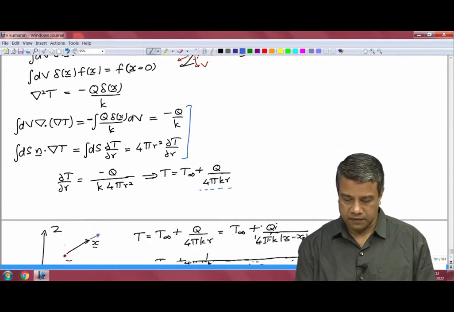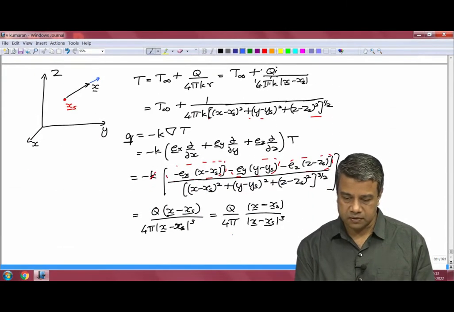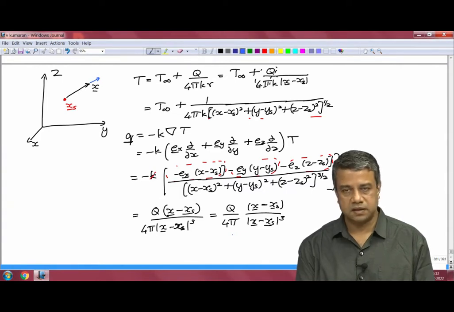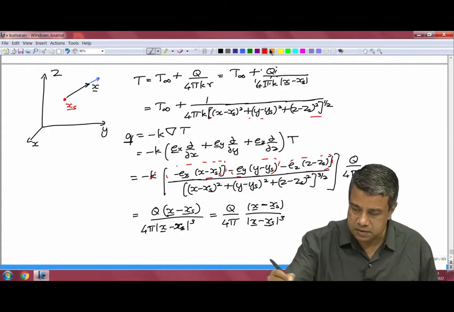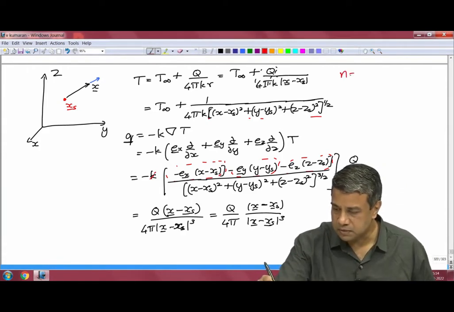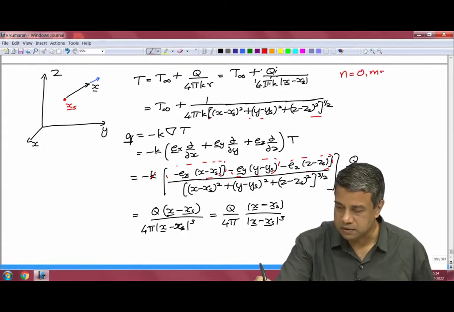We had derived the temperature field due to the source and the heat flux due to the source. I had shown you that this corresponds to n equal to 0, m equal to 0 in the spherical harmonic expansion.